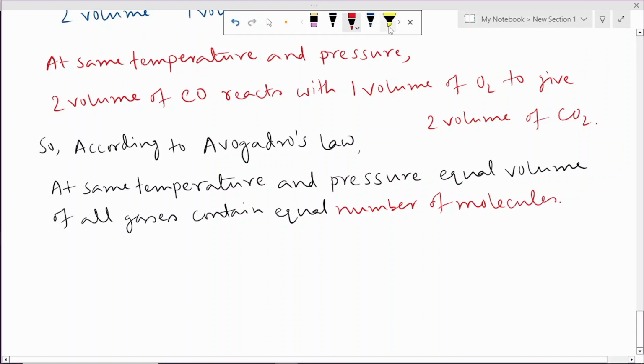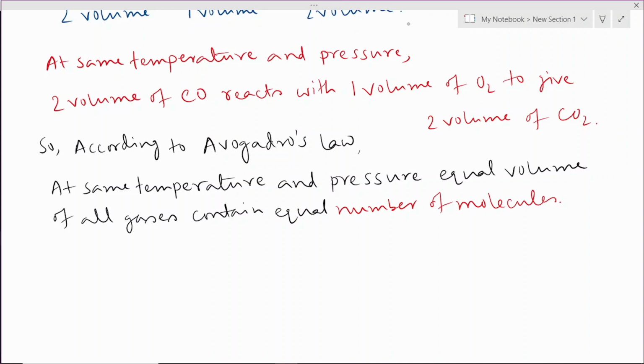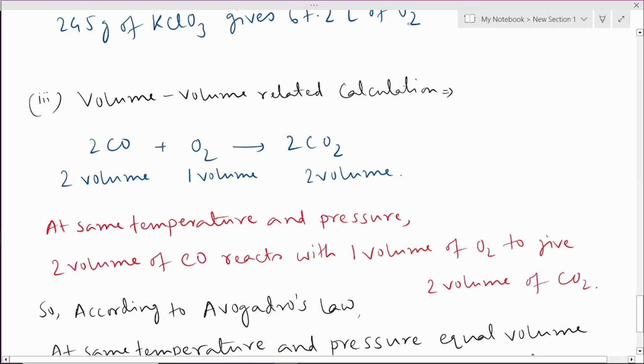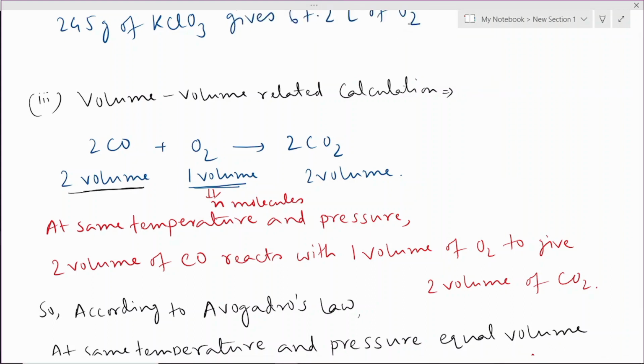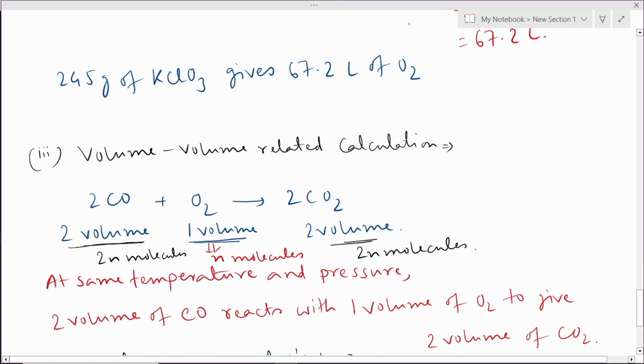So here, the temperature and pressure being fixed, if oxygen, which is 1 volume, contains n number of molecules, then this must contain 2n number of molecules, and this also contains 2n number of molecules. So applying Avogadro's law, the volume related calculations are easily determined.